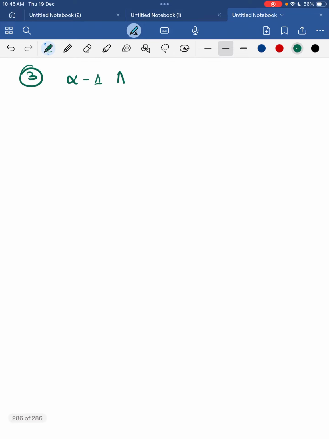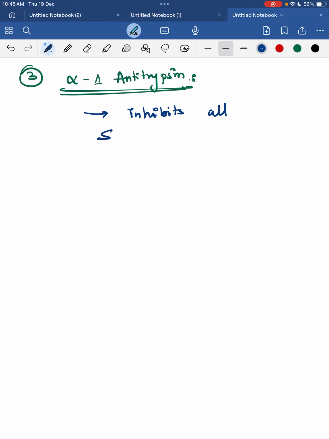This inhibits all your serine proteases. So alpha-1 antitrypsin inhibits all serine proteases. Okay. Serine proteases are the proteases which have serine as the active component.